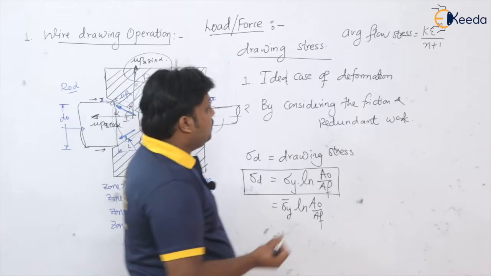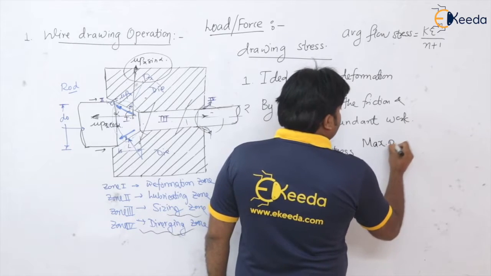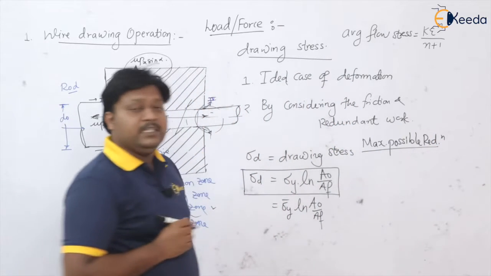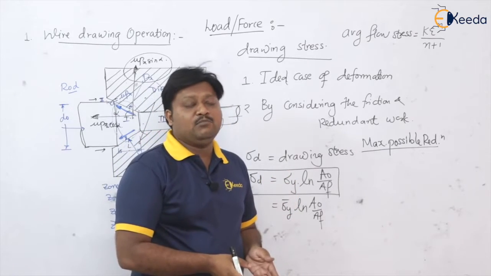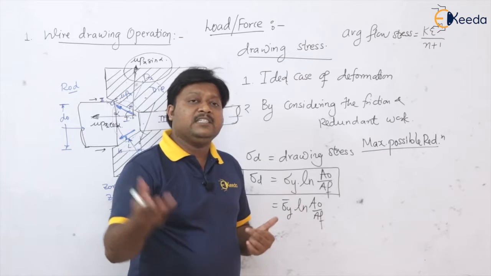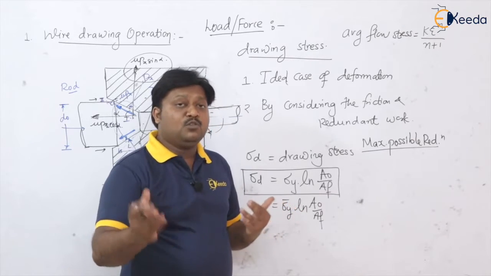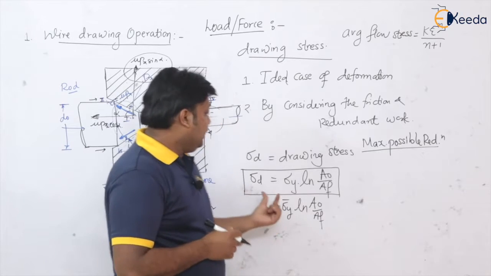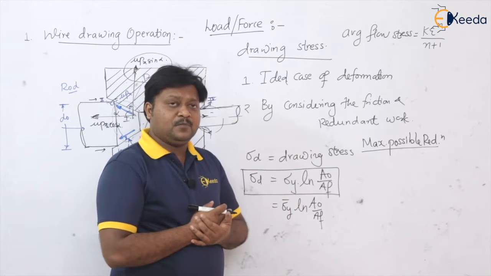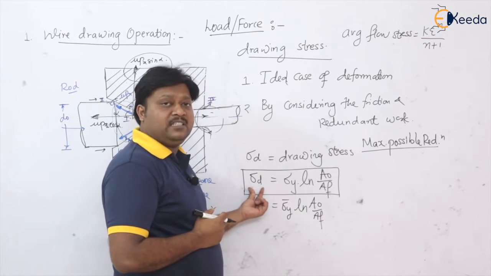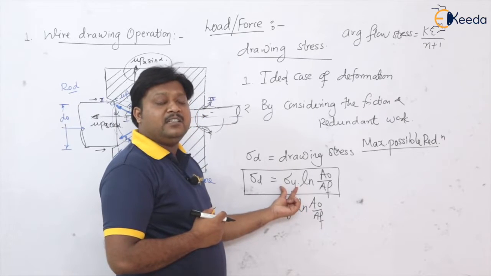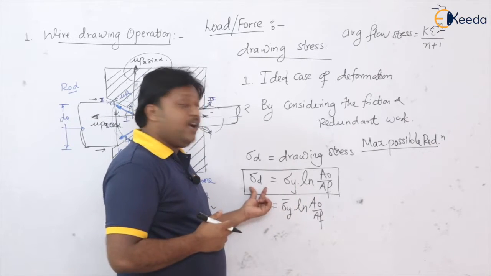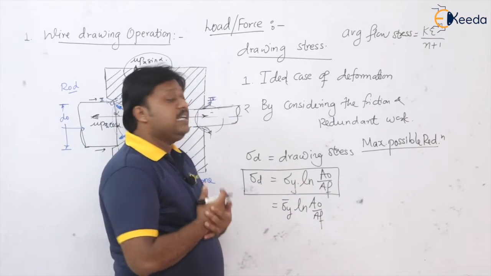When I am talking about the maximum possible reduction in the given material, what I want actually is that whatever the yield strength of the material, at that same yield strength the material is deforming, that is we are able to draw that material at its yield strength only. Then this will be the ideal case, where sigma d and sigma y are the same. Okay, so the yield strength itself is the drawing stress, meaning the minimum strength. Yield strength is the minimum strength where the plastic deformation is going to start. So at that yield strength only we are getting the drawing stress, meaning we are able to have the maximum possible reduction.